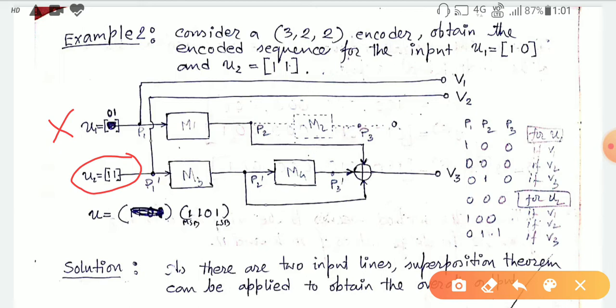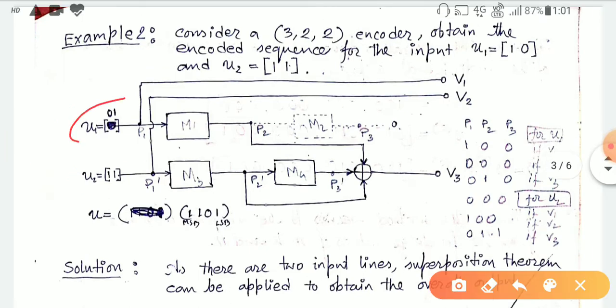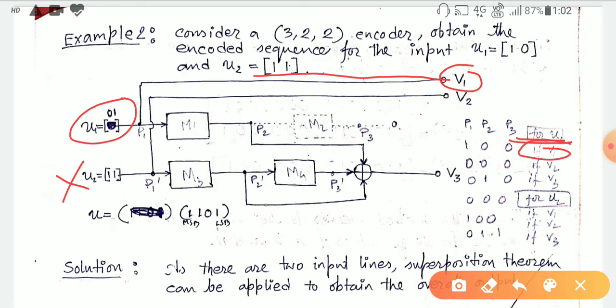So initially we consider only U1 as the input, and U2 is obsolete in that case. If U1 is applied, then the expression for V1 depends directly on P1. The remaining P2 and P3 are not connected, or no addition occurs, to get the output of V1. So this sequence will be represented in the form of 1 0 0.